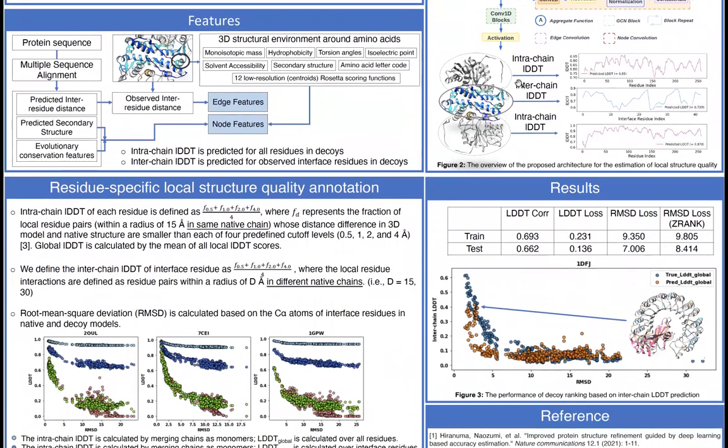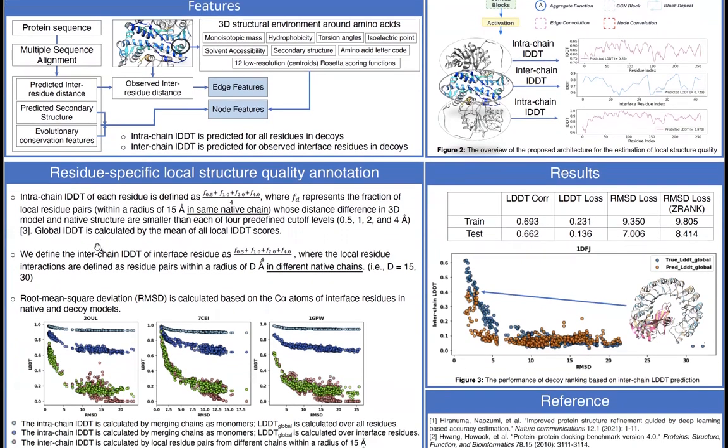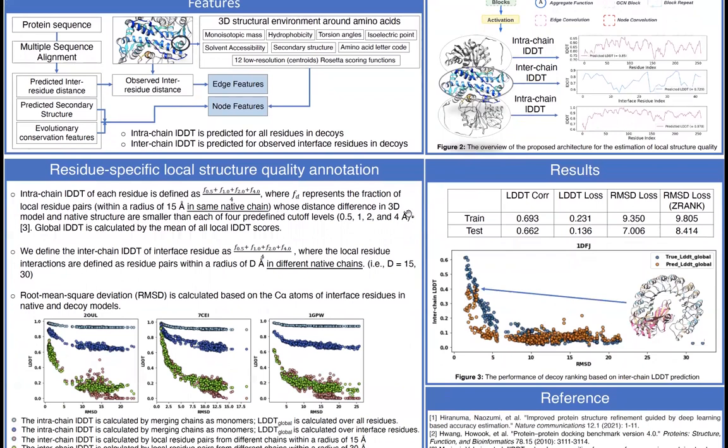Specifically, the intrachain LDDT score is the common LDDT score that describes how well the local interactions in the native structure are conserved in the 3D models. It's basically defined as the averaged fraction of the local interactions defined by four different cutoffs. In addition, to account for the interface residue accuracy, we define the interchain LDDT, which is also an average of the fraction of the local interactions.